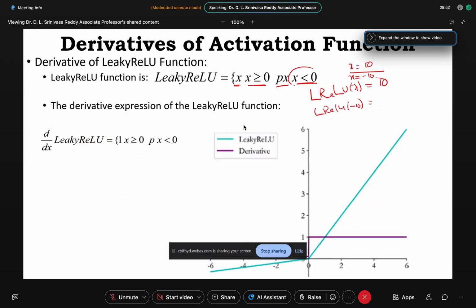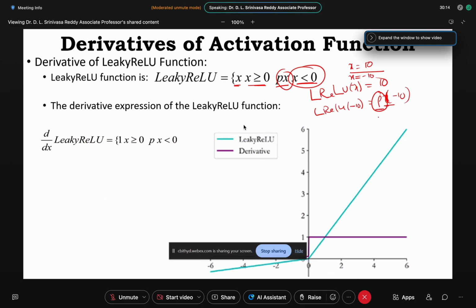For negative values, it is rho into x. Here x is minus 10, but rho you have to provide as an input. That is a factor, which may be 0.something, 0.2, whatever it may be, but not exactly 0.